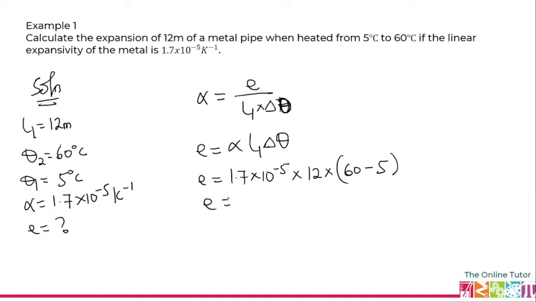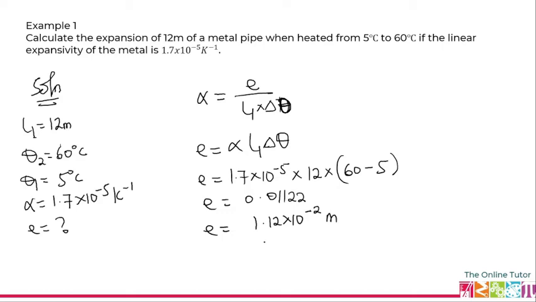Now if we multiply everything we have over here, we are going to have our answer to be 0.01122, which means our extension or expansion in the metal after the metal has been heated from 5 degrees Celsius to 60 degrees Celsius is 1.12 times 10 raised to the power minus 2 meters.